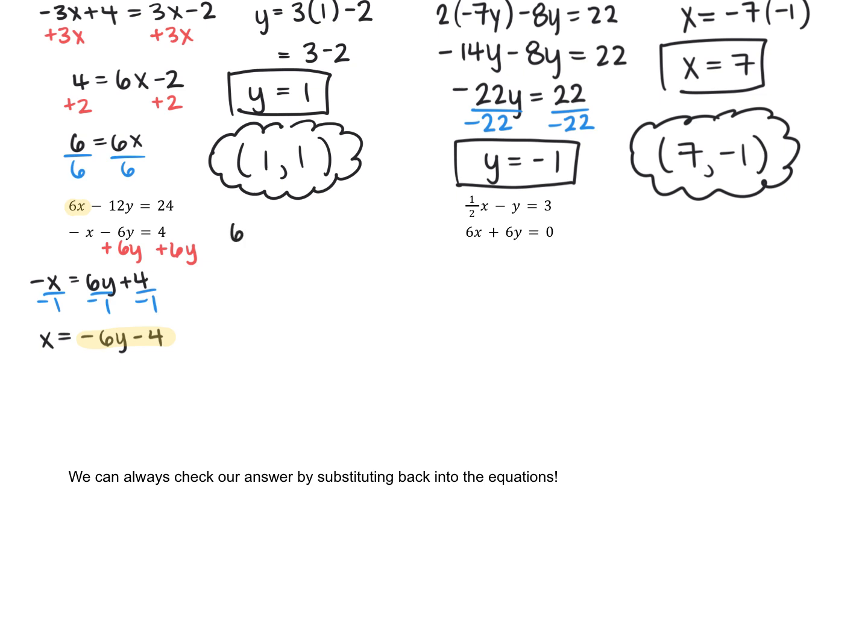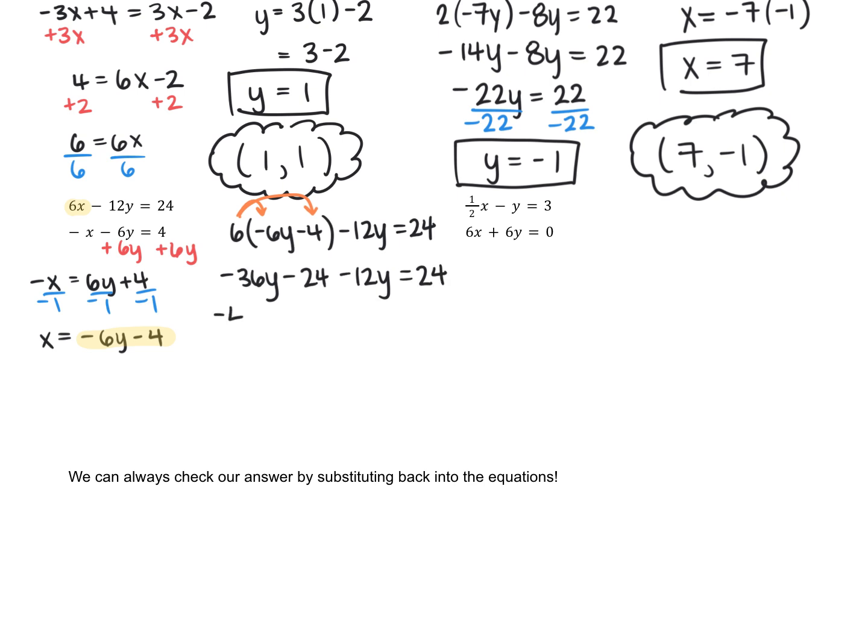So we have 6 times negative 6y minus 4 minus 12y equals 24. Next, I'm going to distribute that 6 into my parentheses. So we get negative 36y minus 24, and then minus 12y equals 24.